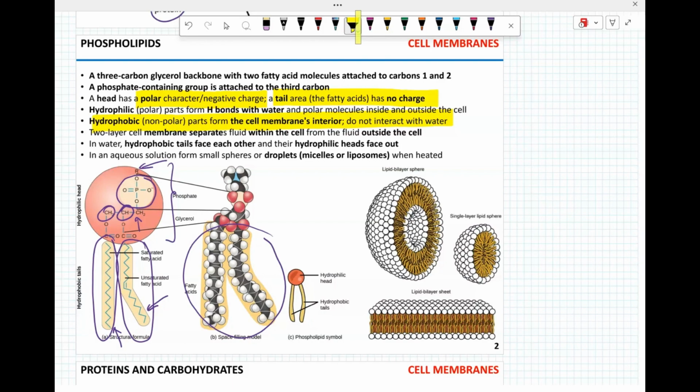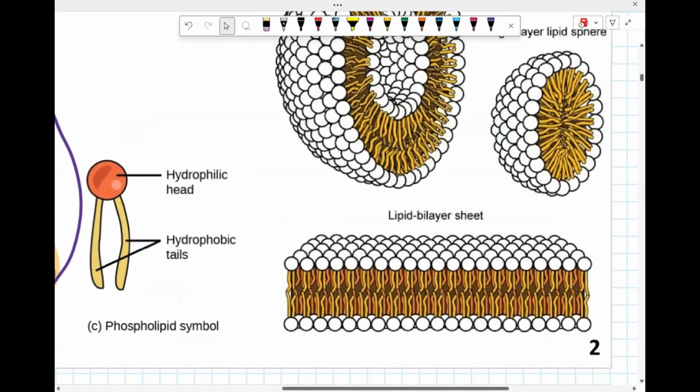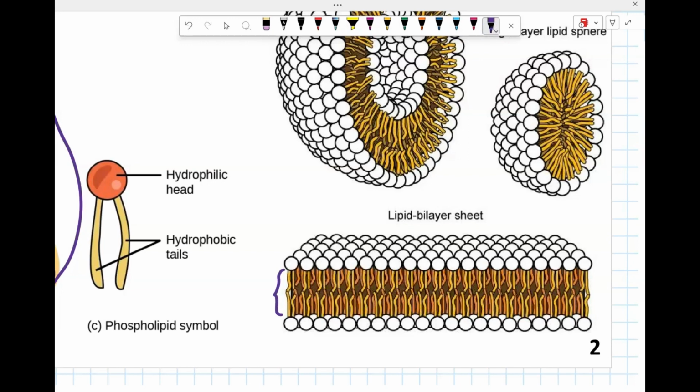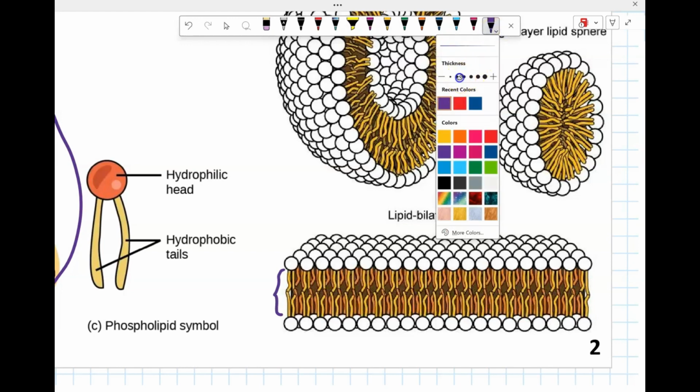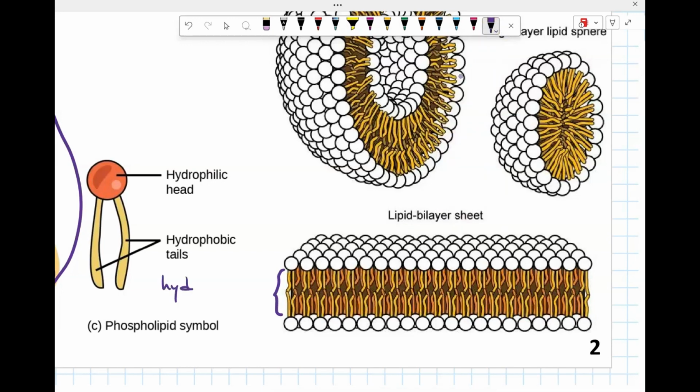Tails in the membrane, as you can see here, form the hydrophobic core of the membrane. You can see that the majority of the membrane is hydrophobic, while the surfaces are hydrophilic and charged.